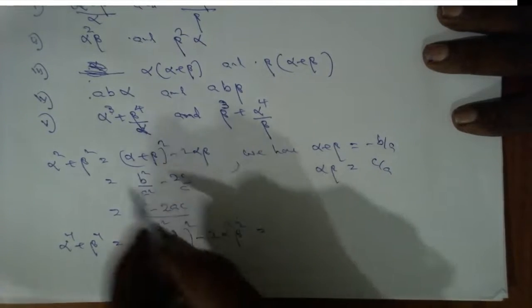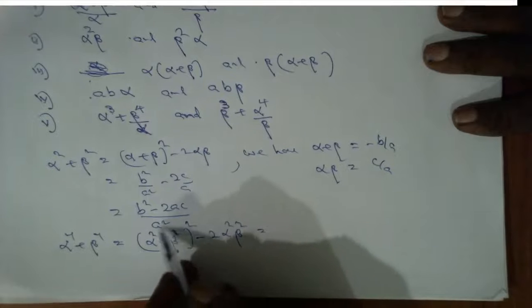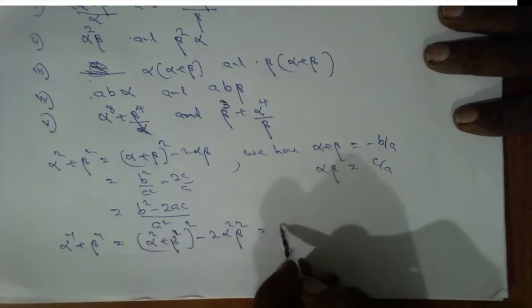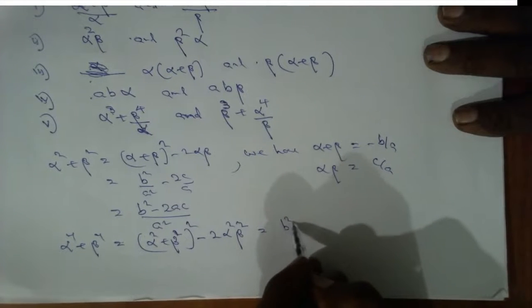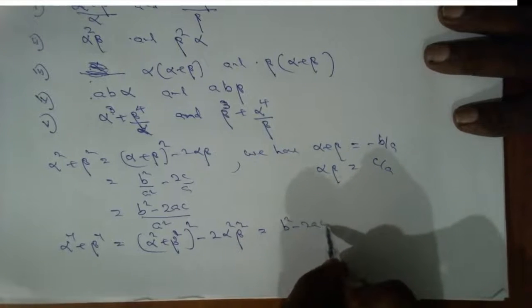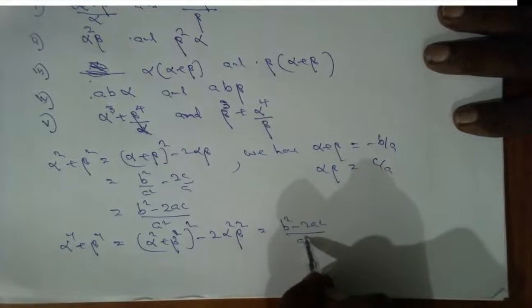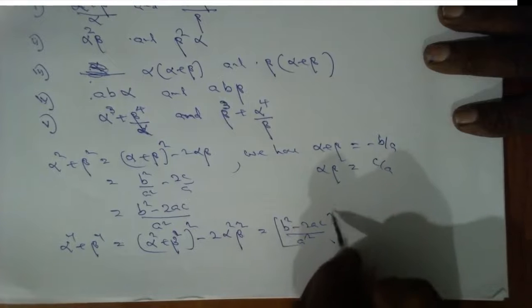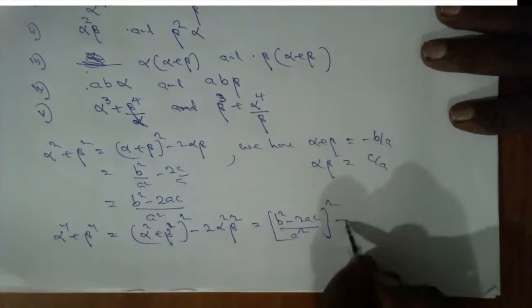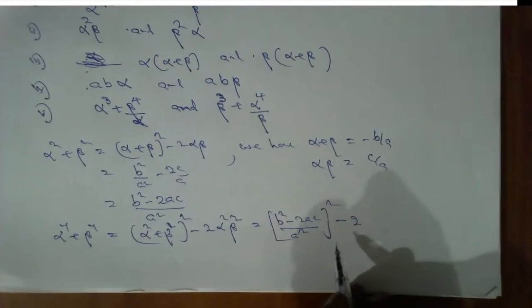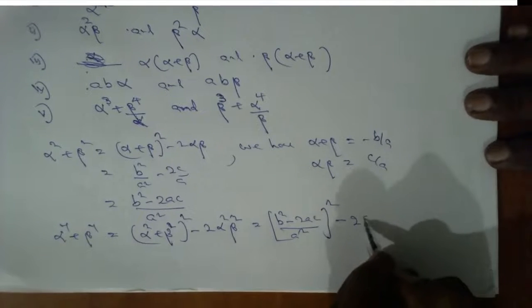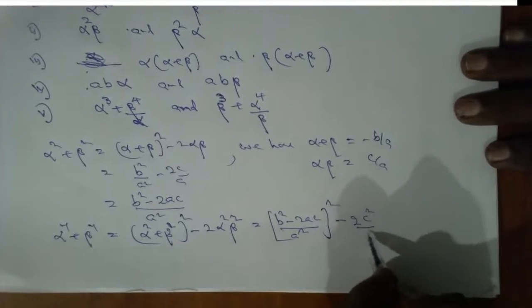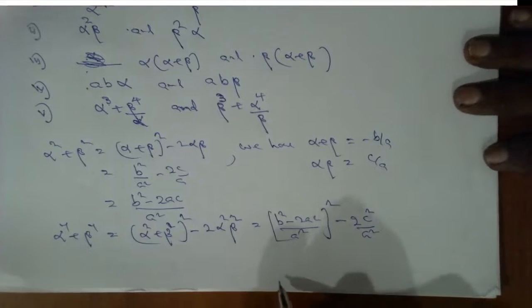So alpha squared plus beta squared, we got the value, right? So you can substitute for that: b squared minus 2ac over a squared, whole thing squared, minus 2 alpha beta whole thing squared, that is 2c squared over a squared.